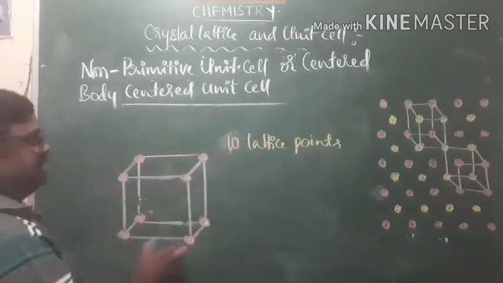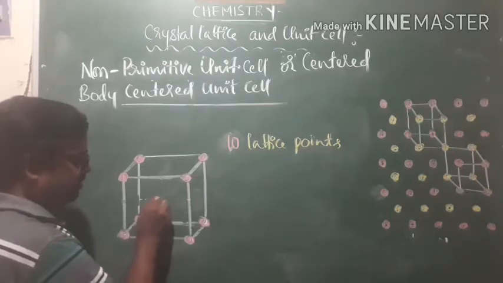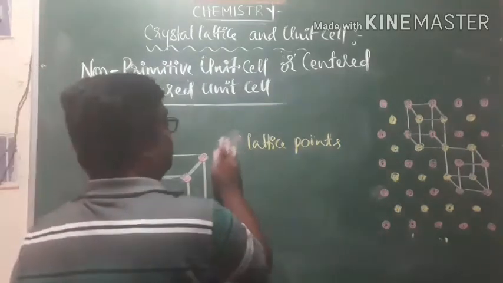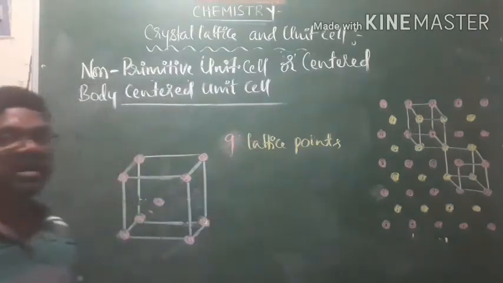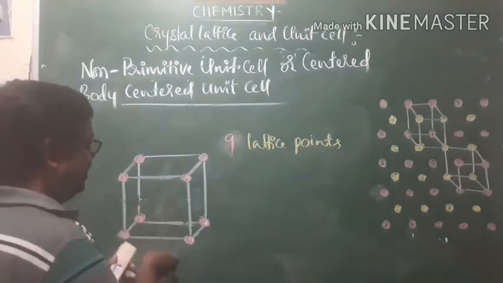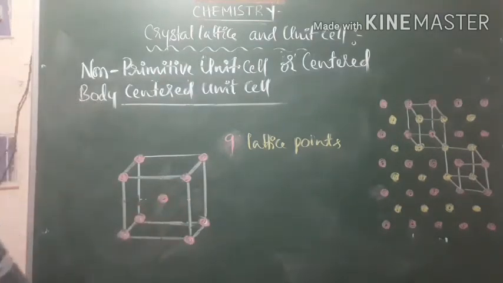We will find the particles at the corners as well as at the center of the body. Not the face, the body center, okay na? Center of the body. So totally how many lattice points do you need? 9 lattice points. 8 at the corners, 1 at the body center. So this is what we call a body-centered unit cell.